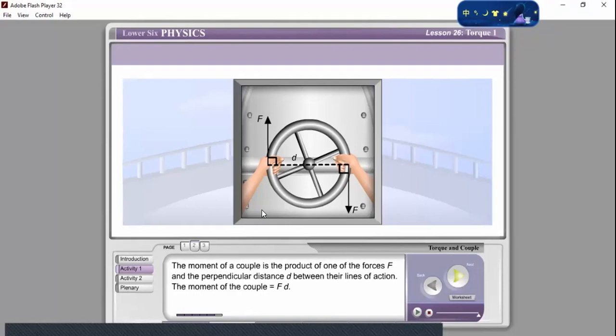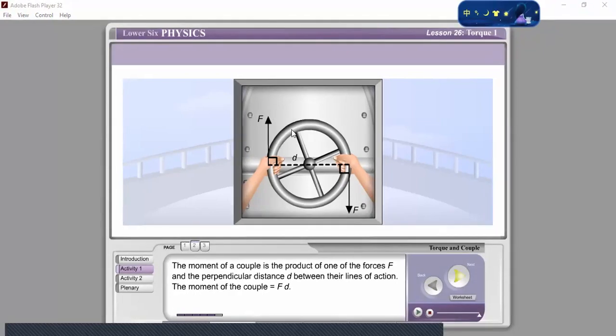So ladies and gentlemen, in circular motion, when we are turning something with F, both of the F are in opposite direction. But we say that these are a couple of forces. What do we mean by couple? Couple means like a man and a girl, right?